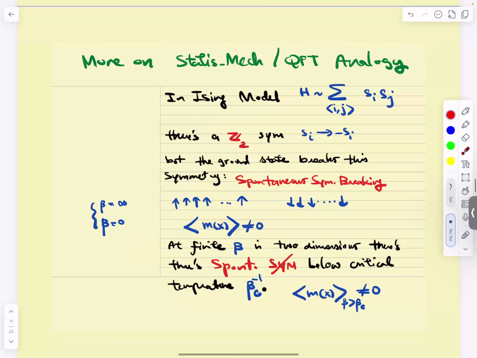Okay, so I'm going to say that a little bit again. So in the Ising model, here is your action, your Hamiltonian. Sorry, we're back to classical physics. These are spin variables, and the Ising model could live on a lattice of different dimensions. These are nearest neighbors. The system has a Z2 symmetry, Si going to minus Si, in arbitrary dimensions.